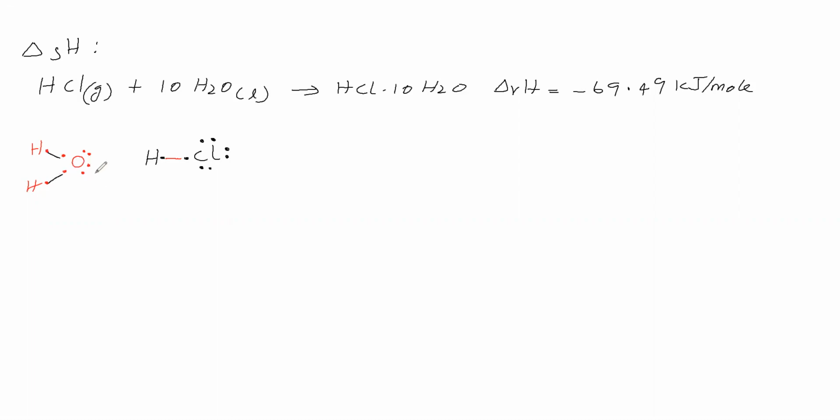Okay. Next, this oxygen is contributing lone pair to hydrogen. This bond pair is shifting to Cl. Therefore, this hydrogen is making a bond with oxygen, like this.